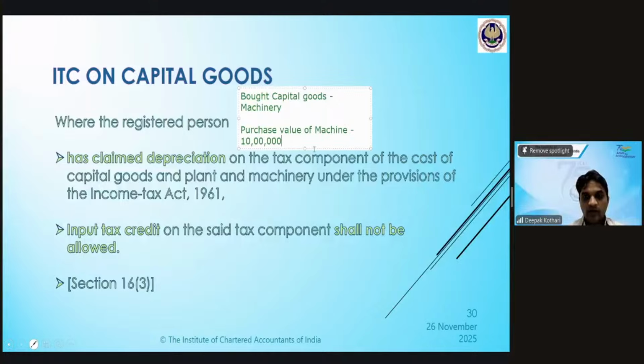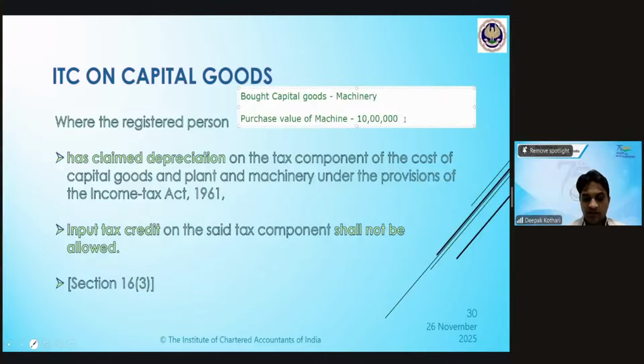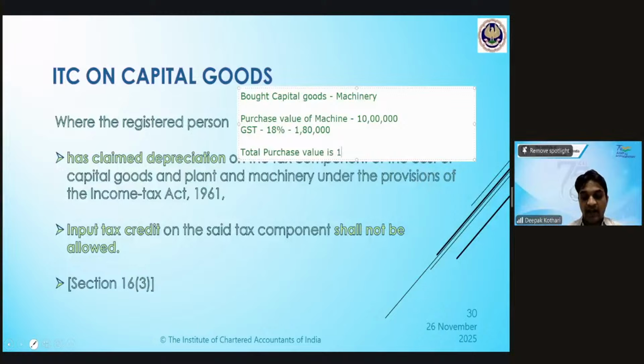Supplier will charge GST on this. So GST is say 18%. Makes it as 1,80,000. So your total purchase value is 11,80,000.